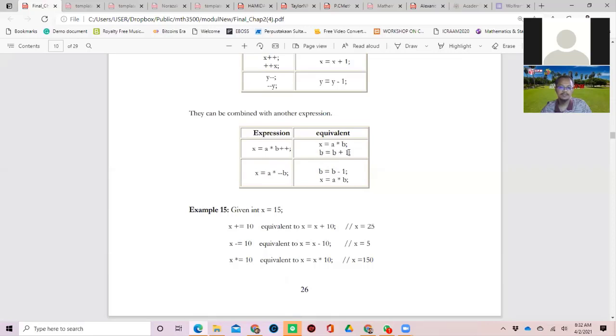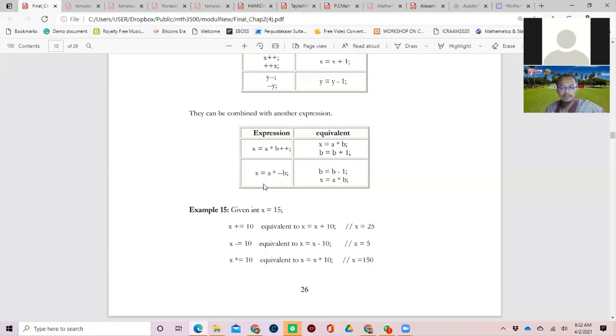Now this one is the new value of b. So in a single expression we need to consider two values like this. Later we will show you the real example in C code.